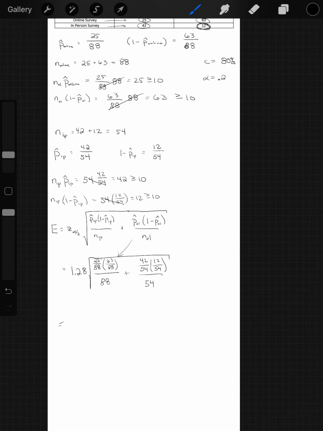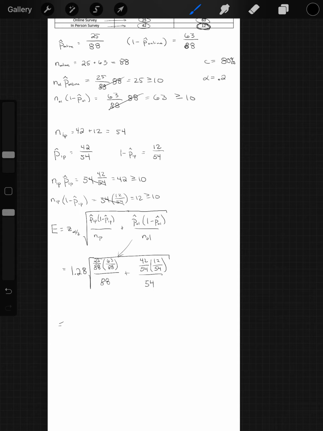Then we want to add to that, still inside the square root, our other fractions. 42 over 54 times 12 over 54 divided by 54. I think I plugged it.